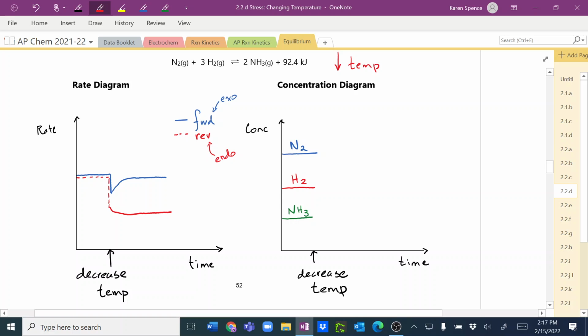So the whole point of shifting is to get the rates to go back to being the same. So instead of the forward rate going up, it's going to have to go down, and instead of the reverse rate going down, it's going to have to go up. Are you ever going to forget that? Nope. Was it worth doing? Yes.